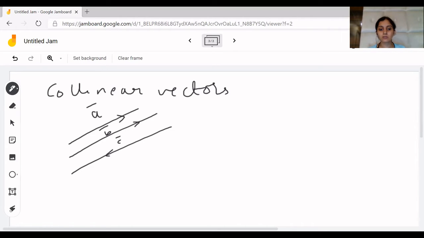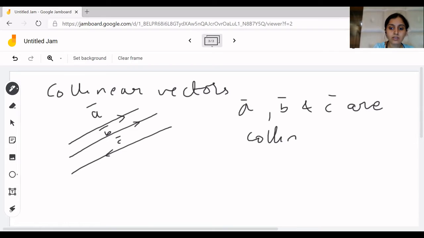So if I say that A bar, B bar and C bar are collinear, it also means that these vectors are parallel to each other. They could have opposite directions, they could have same directions. They are called collinear vectors when they are parallel to each other.